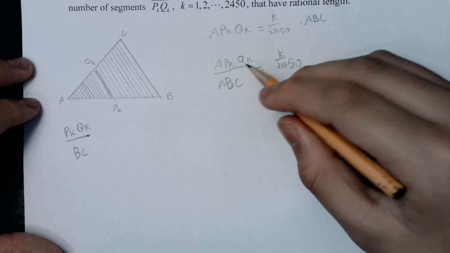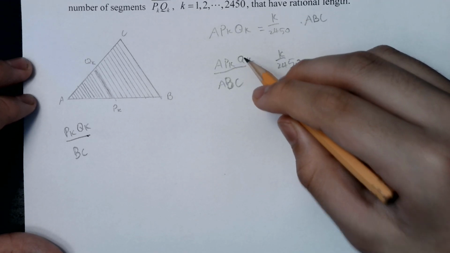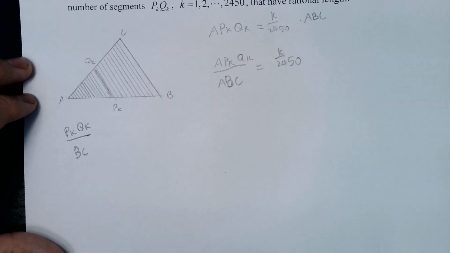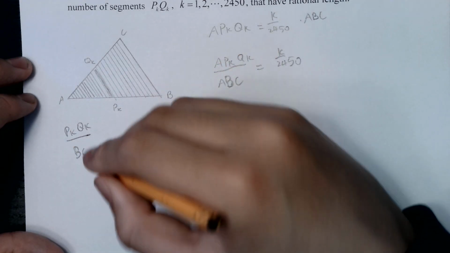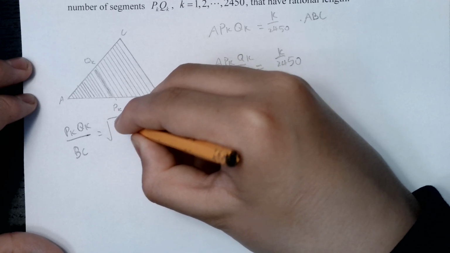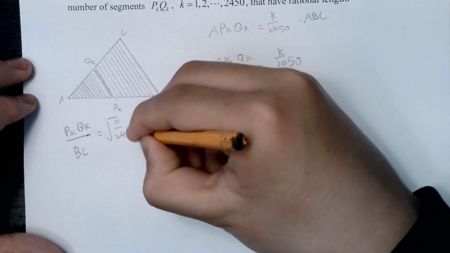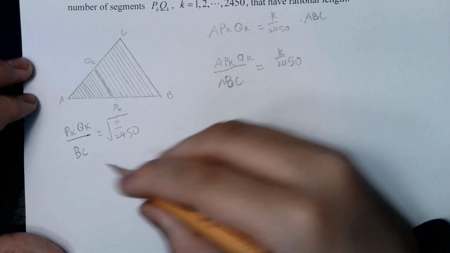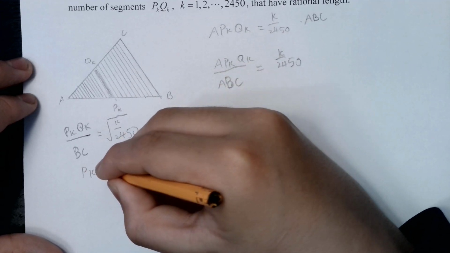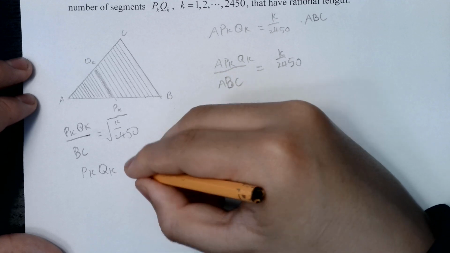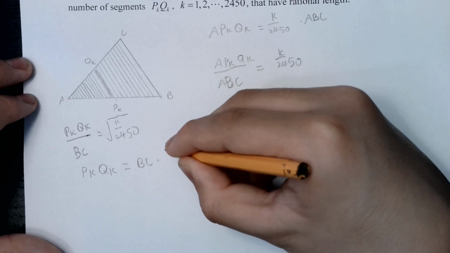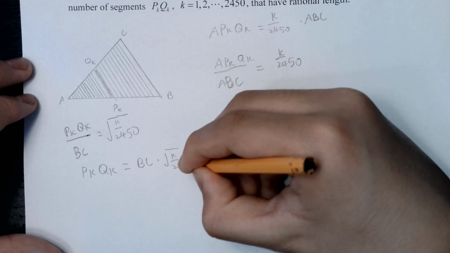Since the previous equation compares an area to another area, and these two are just comparing lengths, we have to take the square root of this ratio. So this is going to be equal to the square root of k over 2,450. Similar to before, we move BC over, which means that the line segment Pk Qk is equal to BC times the square root of k over 2,450.